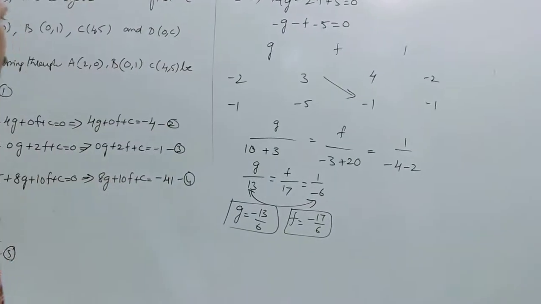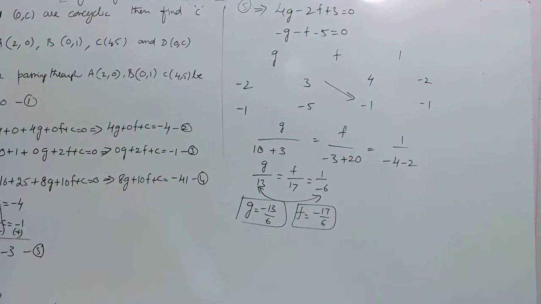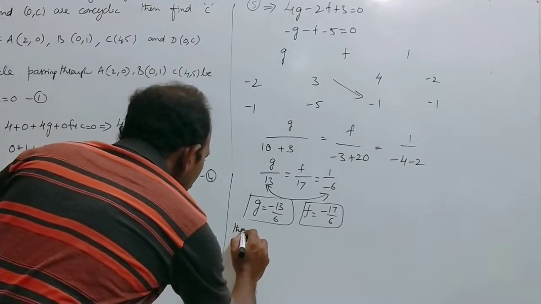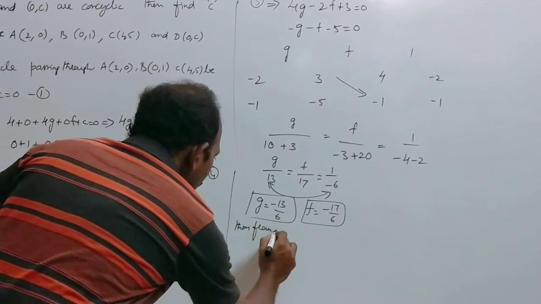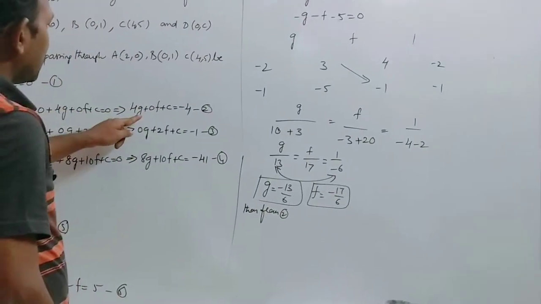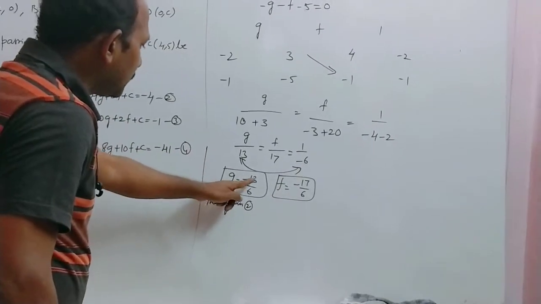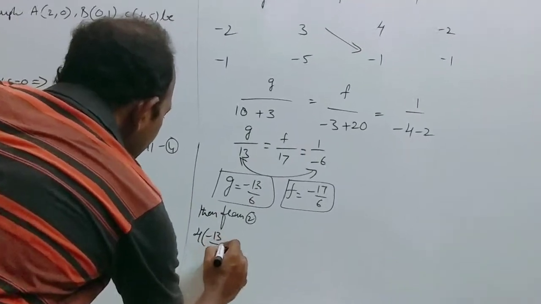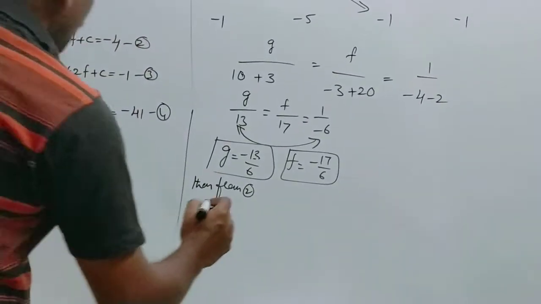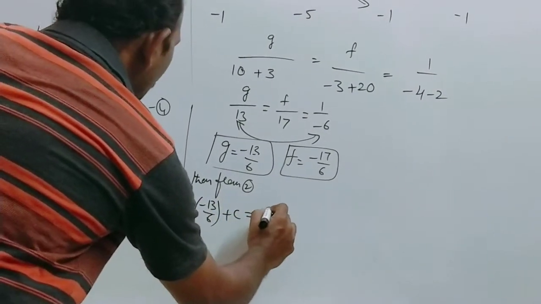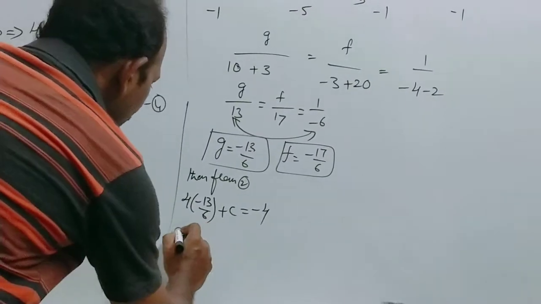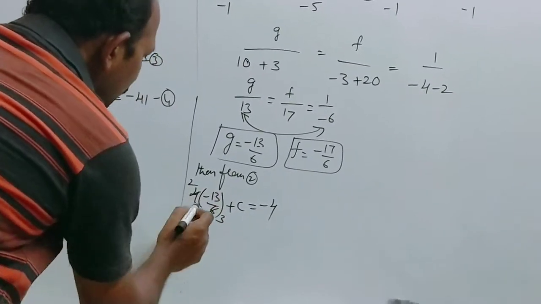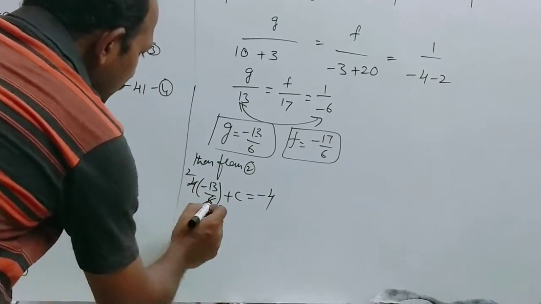Now, let us substitute these two values in equation 2. Then from 2, in place of G, we substitute minus 13 by 6. Therefore, 4 into minus 13 by 6 plus C is equal to minus 4. That implies 2 3s are 6, 2 2s are 4.